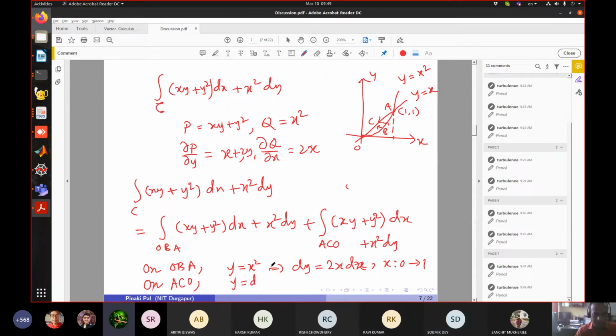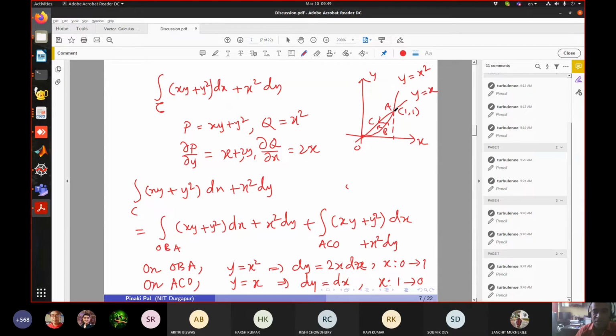y equal to x, then dy equal to dx, and x will vary from 1 to 0, you see. We have to maintain the sequence actually, so accordingly we have to fix the limit. So why 1 to 0?